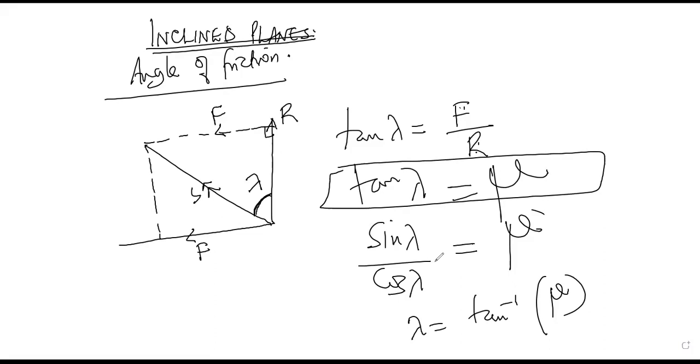So today's lesson is going to explain how we resolve forces along the plane. We are going to be looking at derivations, then maybe we shall look at questions where we apply them. But you need to know that this is very important.